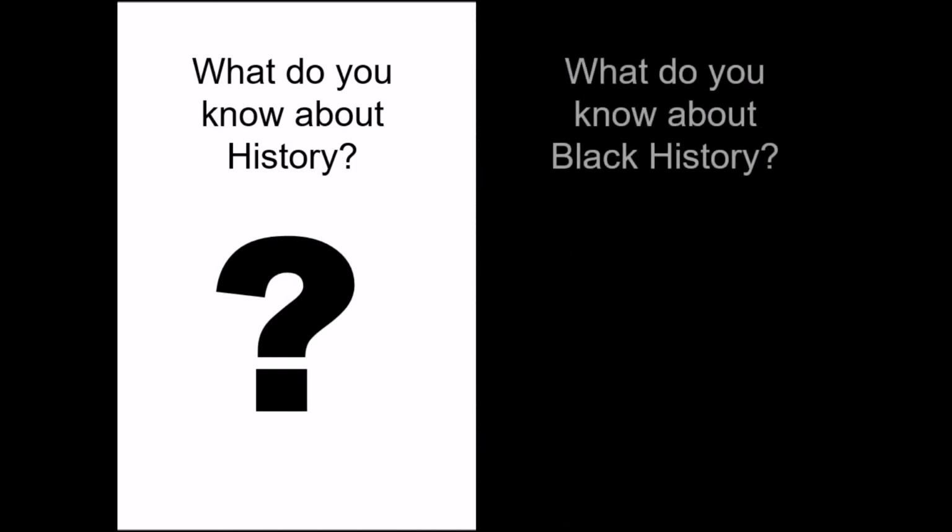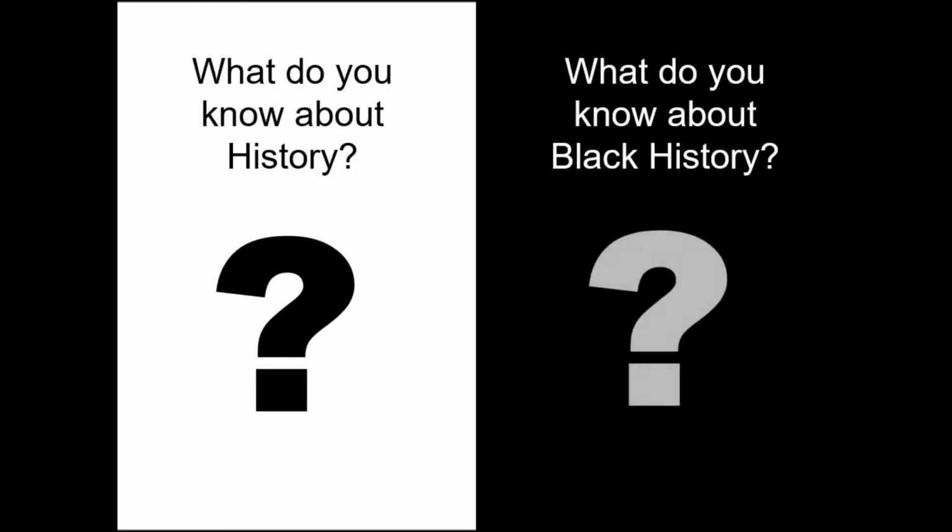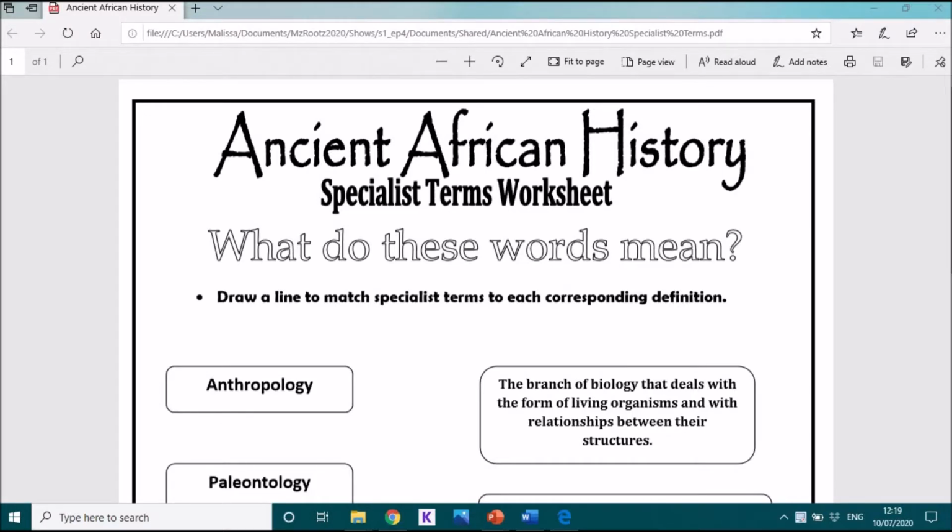What do you know about history? What do you know about Black history? Before you answer these questions, now would be a good time for you to download, if you haven't already, the worksheet called Ancient African History Specialist Terms Worksheet.